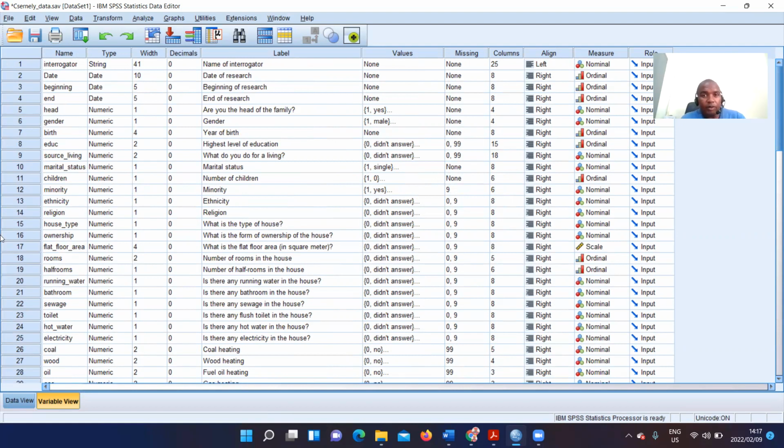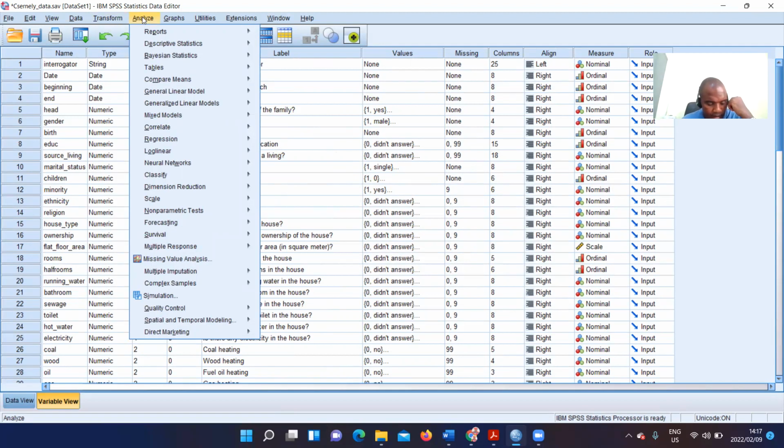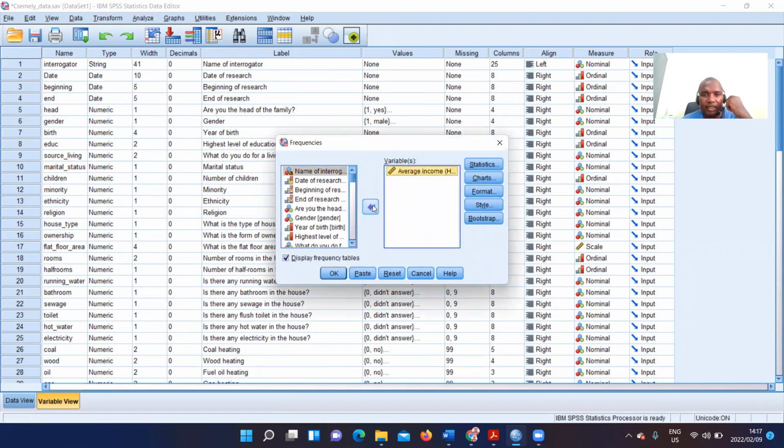And then we may also be interested in doing some analysis where we want to know the proportion of single people. So we go to analyze, then descriptive statistics, frequencies, and select marital status.